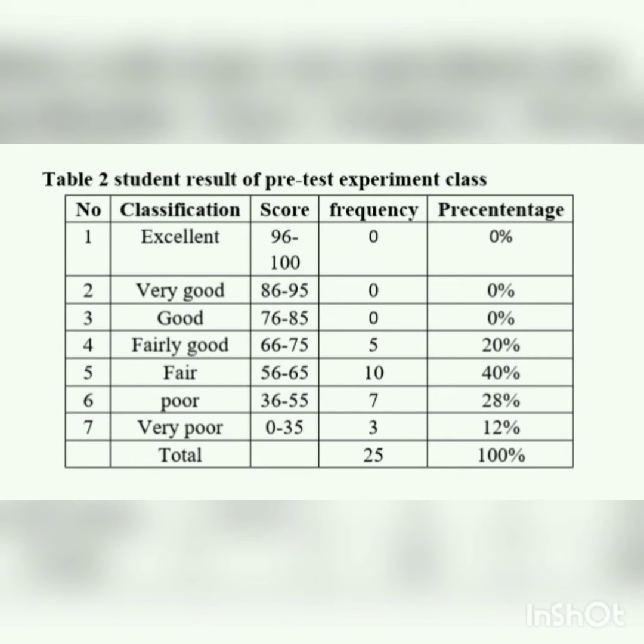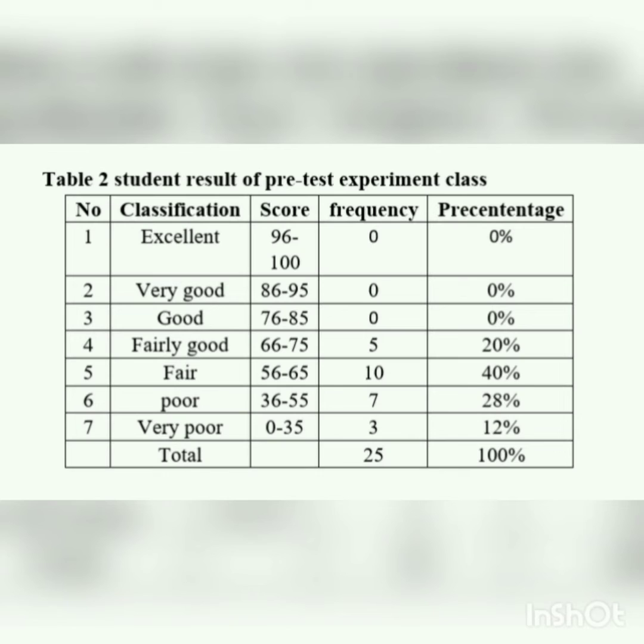And then the classification is fairly good, score 66 to 75, frequency 5, percentage 20%. And the next classification is fair, score 56 to 65, frequency 10, percentage 40%.